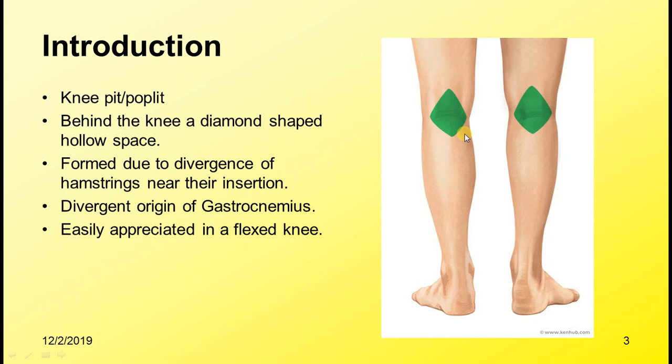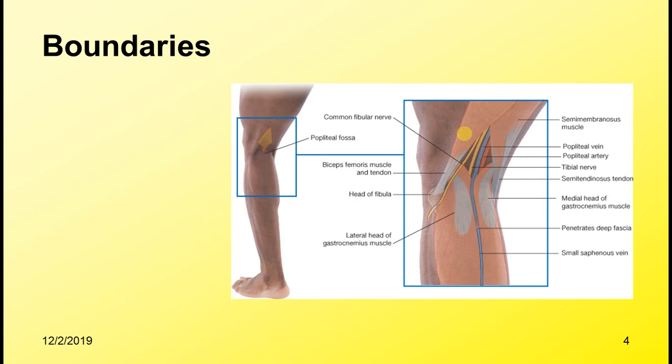The deep fascia is very tough and unyielding. So when you slightly flex the knee, the deep fascia as well as the tone of the muscles are relaxed a bit, then you can appreciate the hollowness.